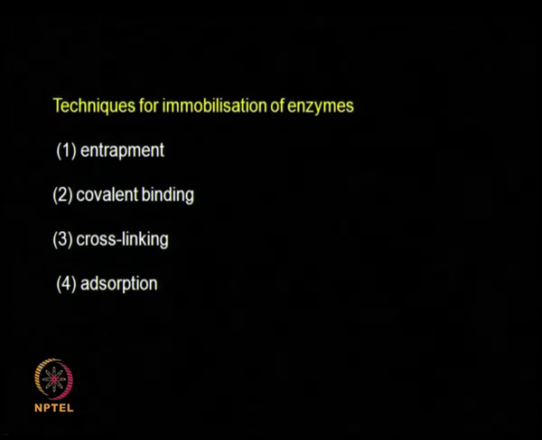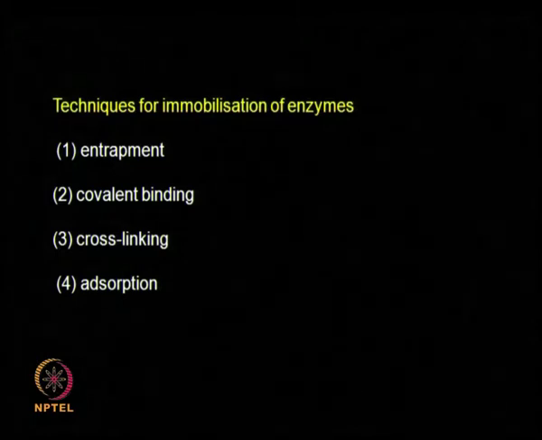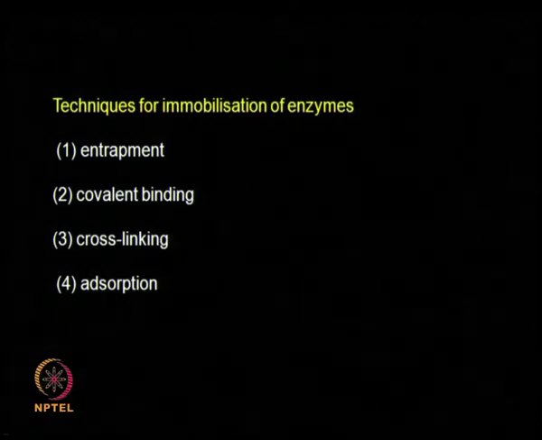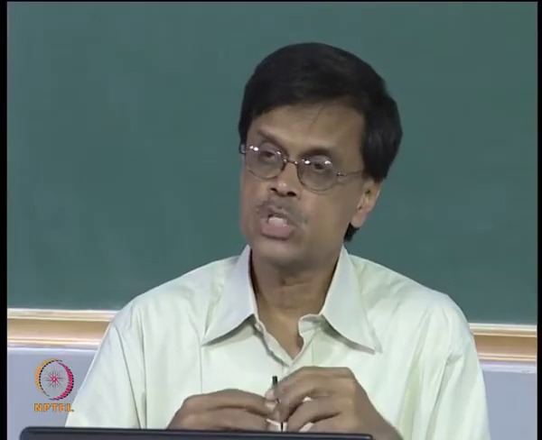As I said there are different ways, most important are 4. The entrapment, that means you can entrap the enzyme inside a matrix so that it is not being exposed to harsh environment, maybe pH, maybe some toxic chemicals, maybe solvents and so on, actually that is called entrapment. Another one is covalent binding.